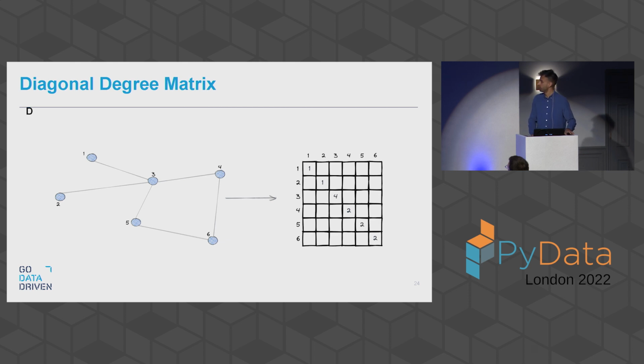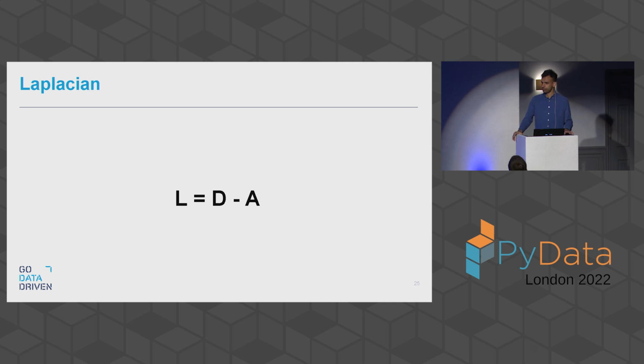And usually what's done is we subtract the matrix from before, the adjacency matrix, from this matrix to give our Laplacian. The reason we do this is because L, our Laplacian, has some interesting features which make certain types of linear algebra just possible with those matrices. It also encodes the information from D and A, but in a single matrix, which is convenient.